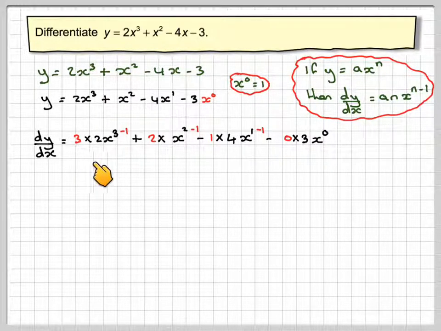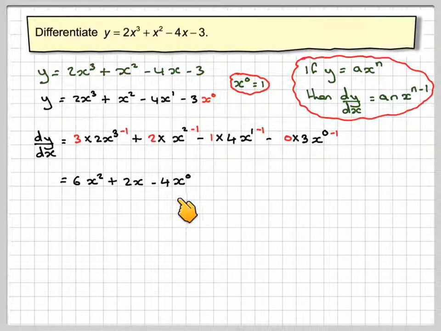Okay, so 3 times 2x to the power of 3 minus 1 gives me 6x squared. This gives me plus 2x to the power of 1, which I'm not going to bother writing in. This gives me 4x to the 0. In fact, to be consistent, I will write in the power.